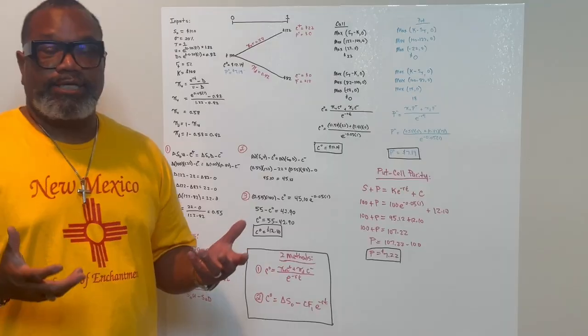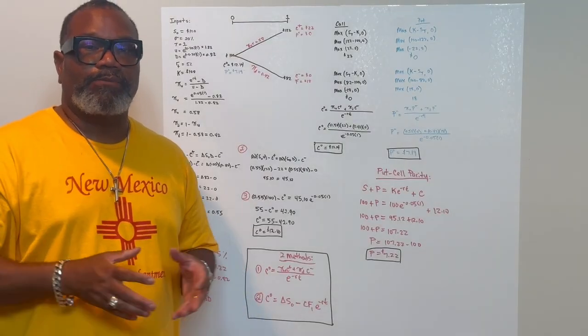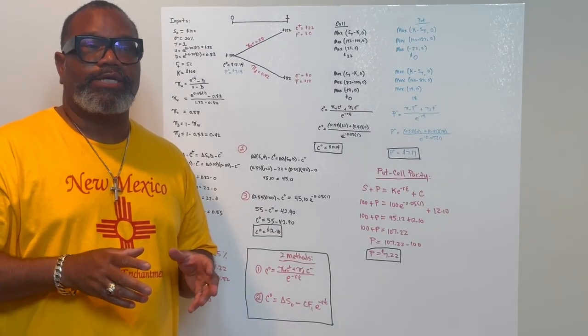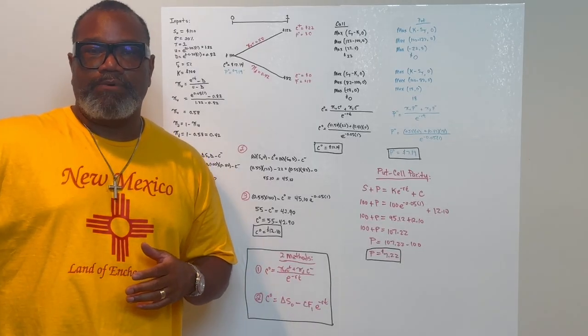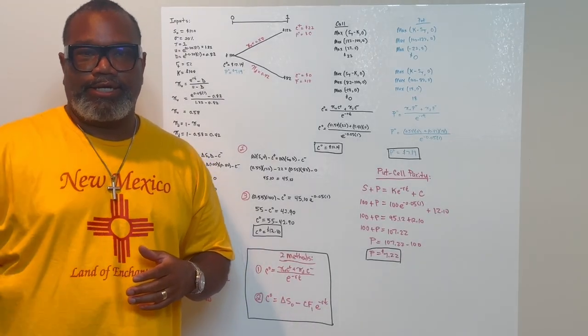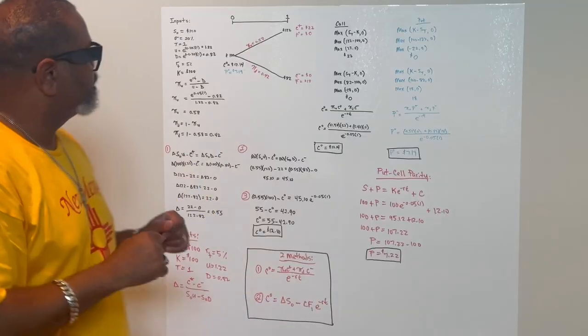An underlying assumption of the one period binomial model is that there are only two states of the world at time 1. There's an up state and a down state, and that's it.